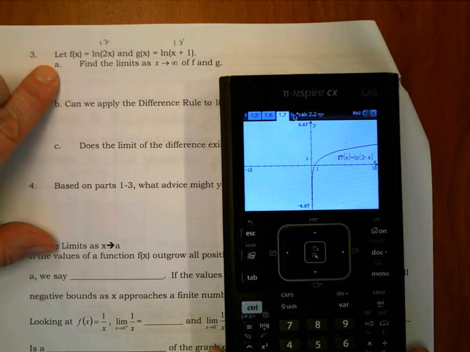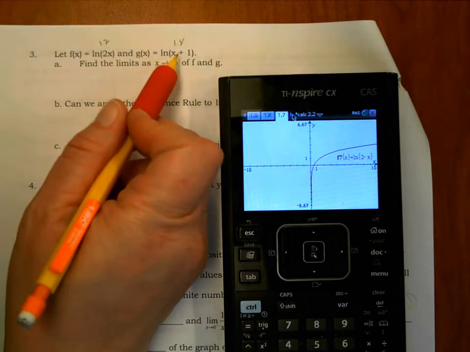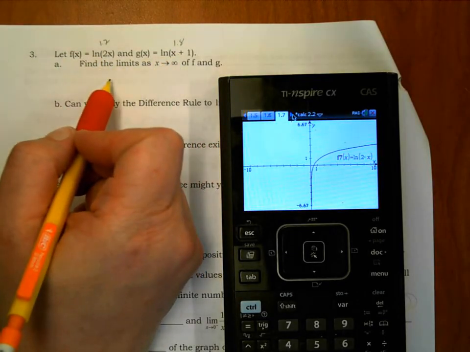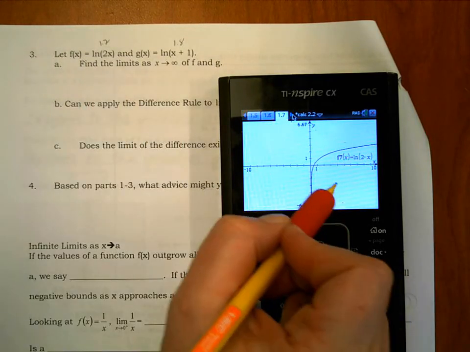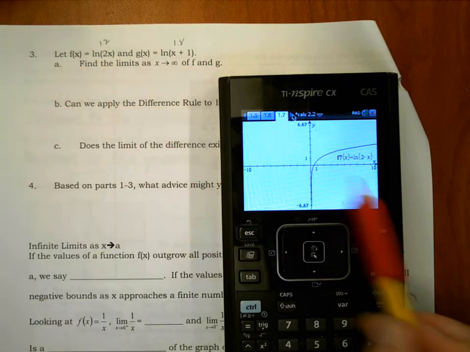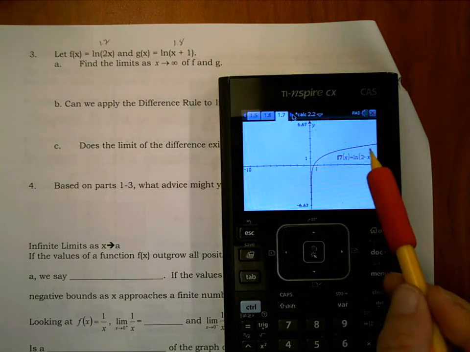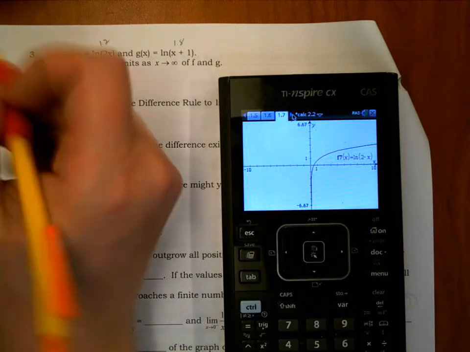So here in part 3, if you graph each of these individually and think about the limit, here's our graph for the natural log of 2x. And if you're thinking, okay, what happens as x gets bigger, what's happening to the y's? It might seem like that levels off, but it's logarithmic. It grows just really slowly.